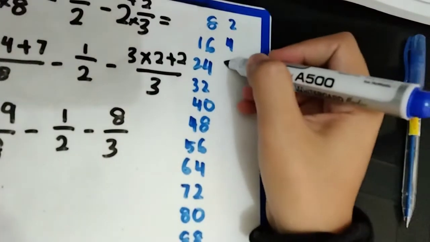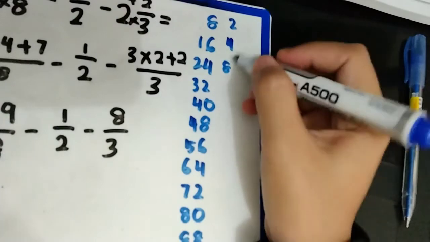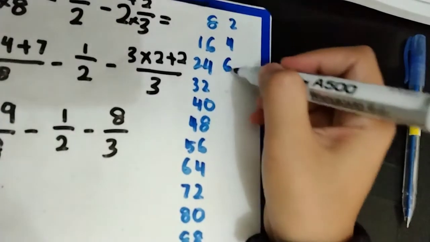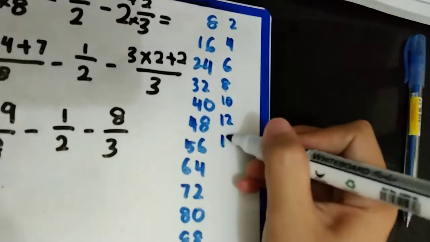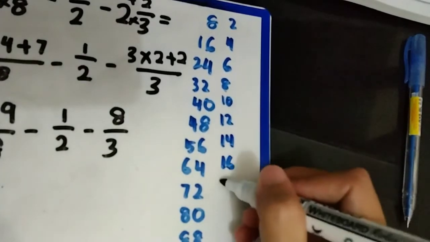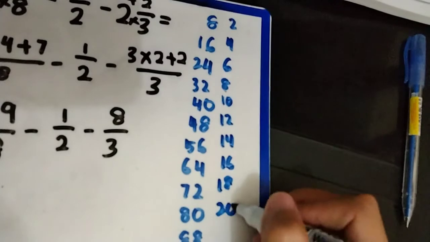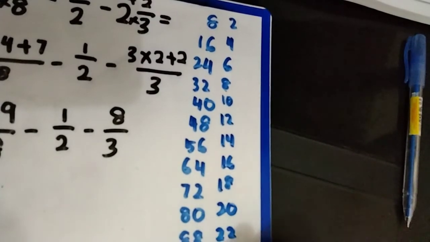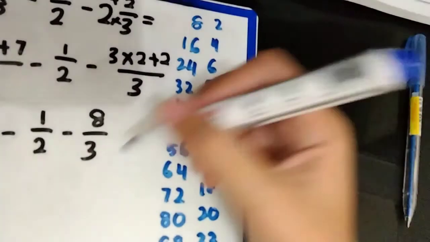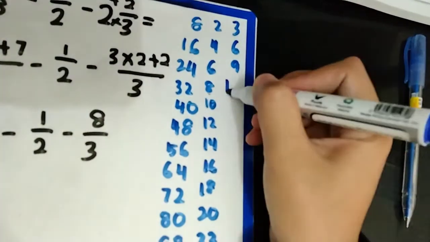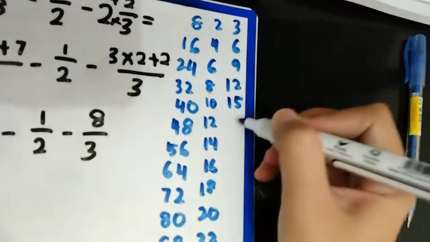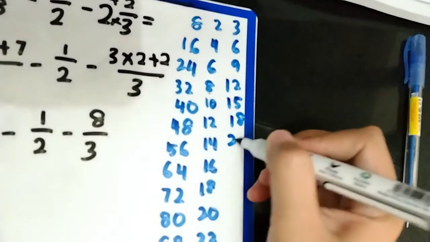So next multiplication table, 6, 8, 10, 12, 14, 16, 18, 20, 22, and 24. And then the multiplication table of 3, all the way down to the last digit.